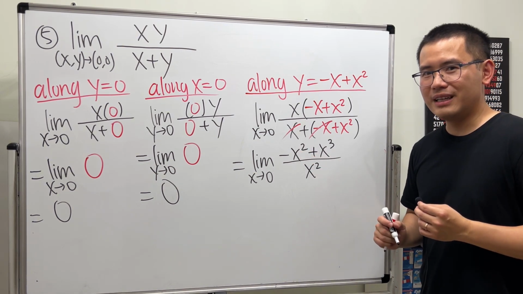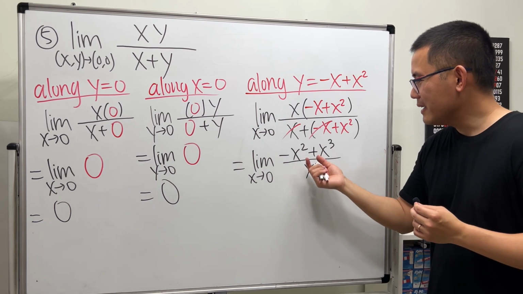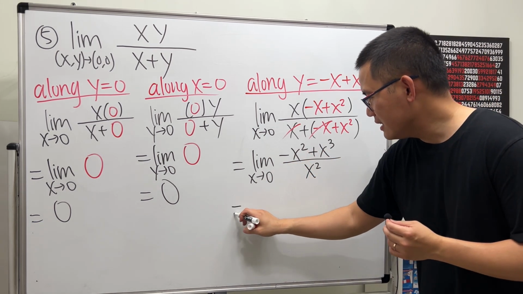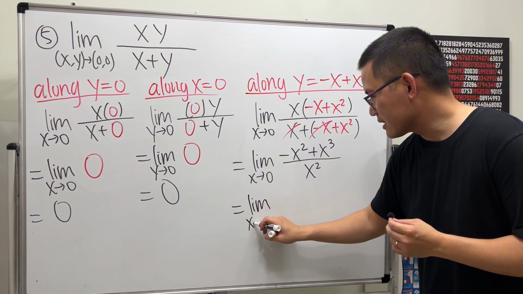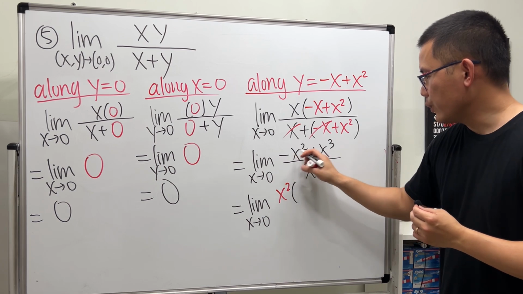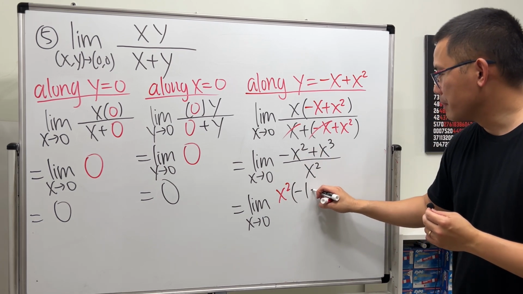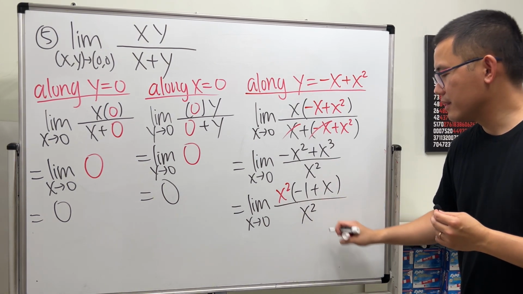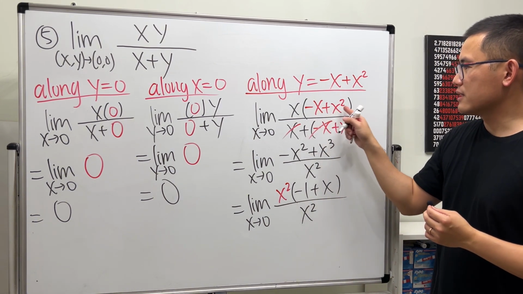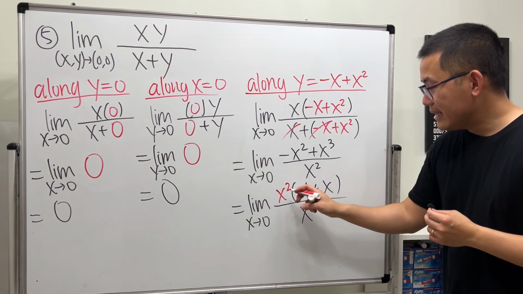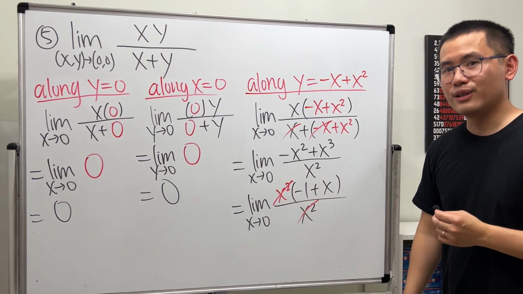So we have a very nice simplification. Why? Because now I can factor out an x squared. This is the limit as x approaching 0. Factoring out x squared, we get negative 1 plus x over x squared. Of course, you could have factored out x from here as well, but I did this. Yeah, doesn't matter. Now, x squared and x squared cancel.